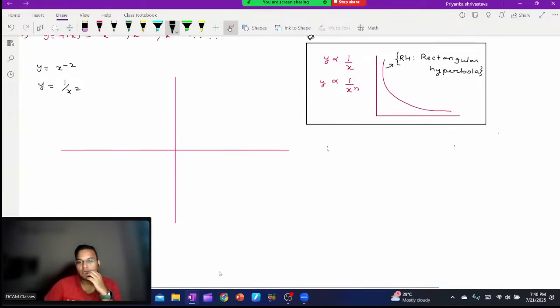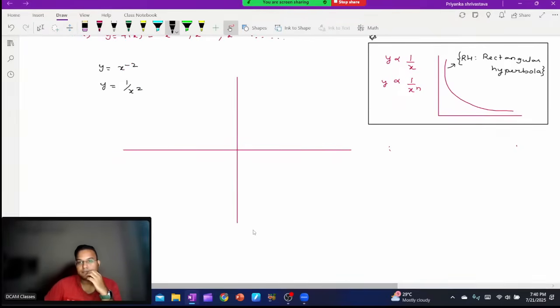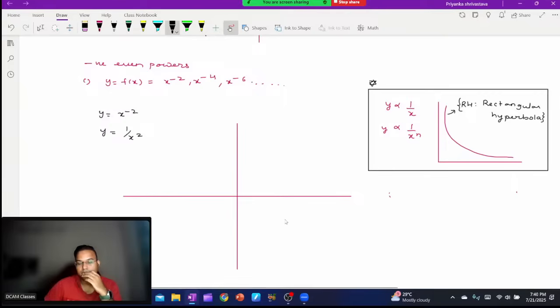Now tell me how the graph will be. But there is one more catch here. You have to draw the graph in all the 4 quadrants. At least in the first and second quadrant you have to see. Check for positive x values, negative x values also. Then draw the graph.